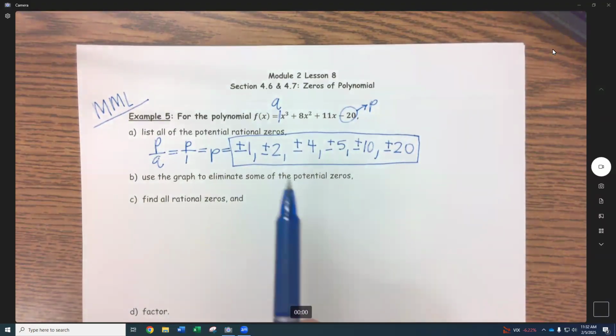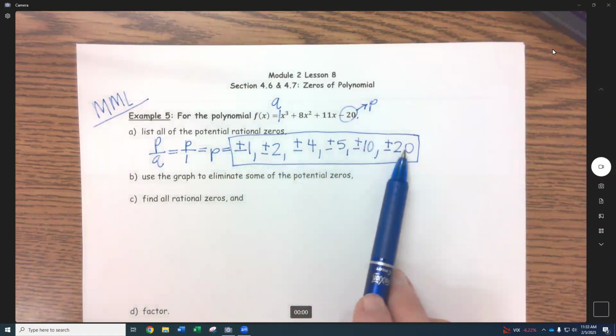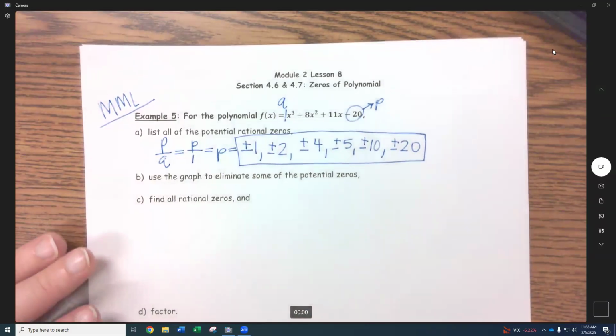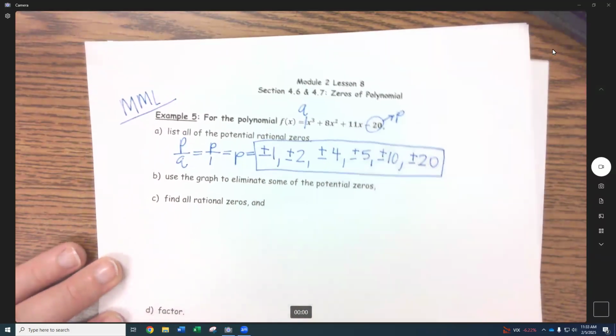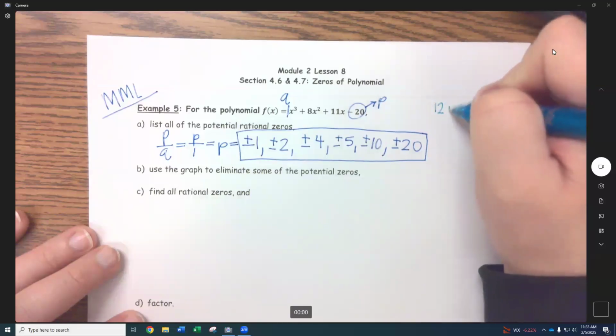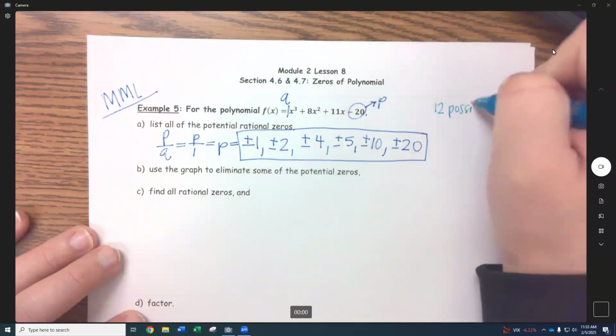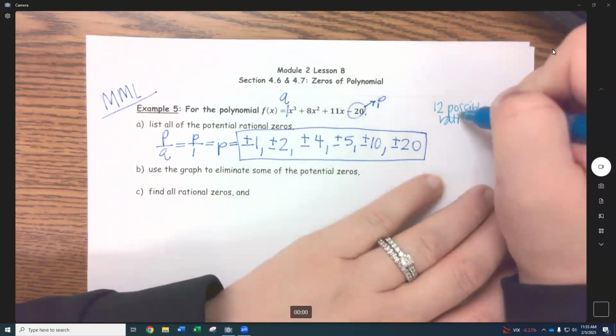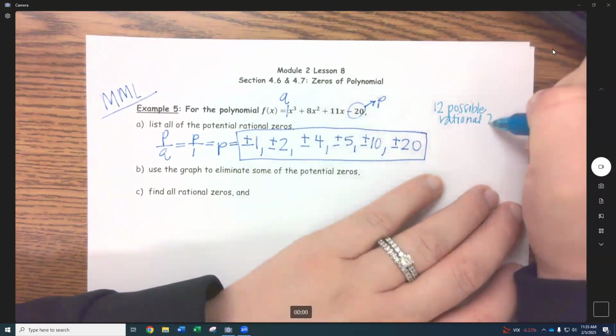So if you kind of notice, we have 2, 4, 6, 8, 10, 12. This is just a little side note here. We have 12 possible rational zeros.